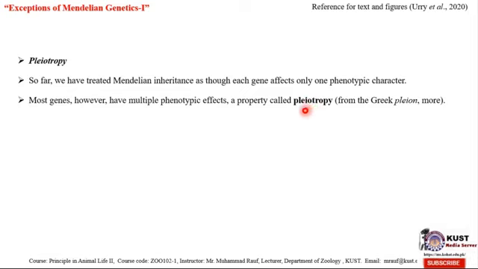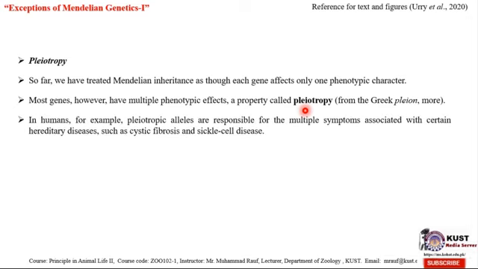Pleiotropy is a phenomenon when a single gene controls more than one character. In humans, for example, pleiotropic alleles are responsible for the multiple symptoms associated with certain hereditary diseases such as cystic fibrosis and sickle cell disease.